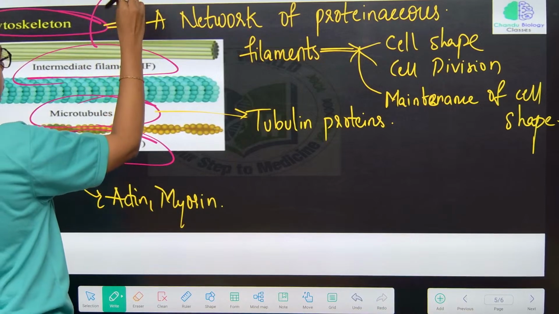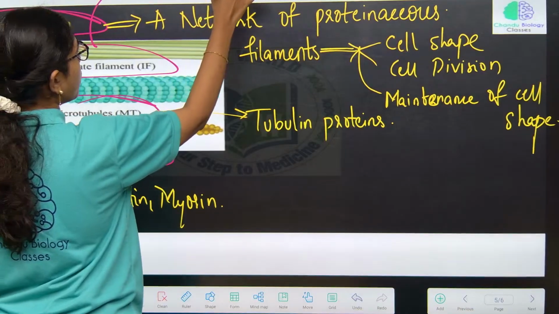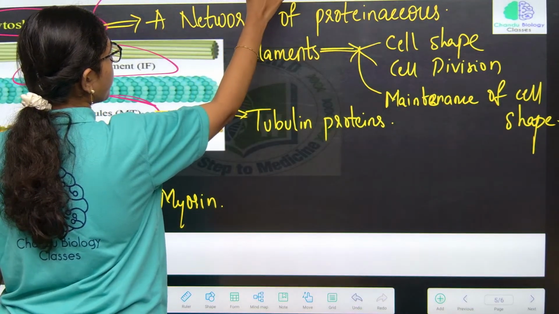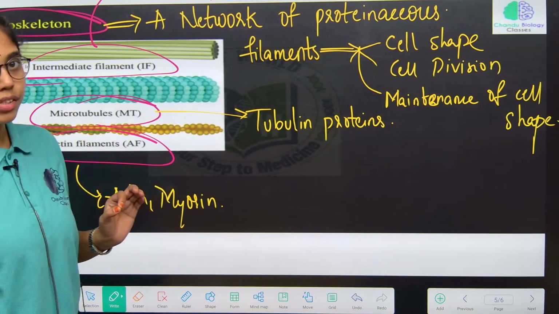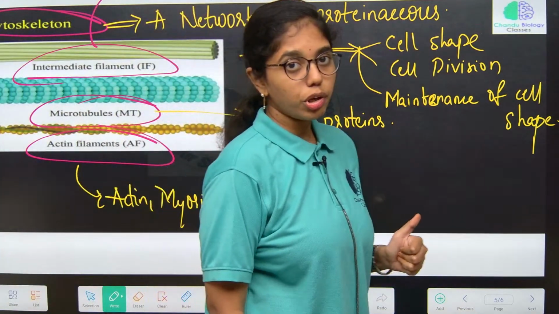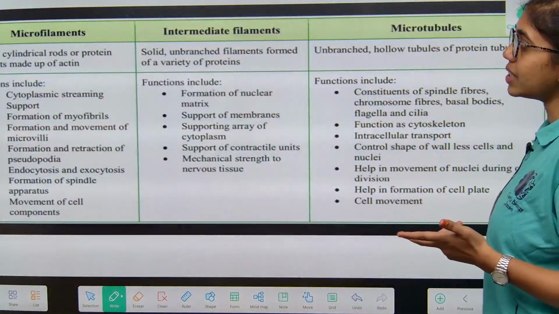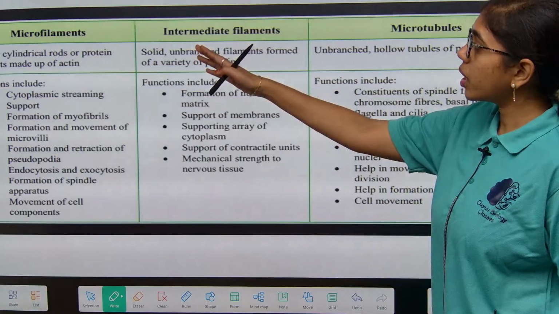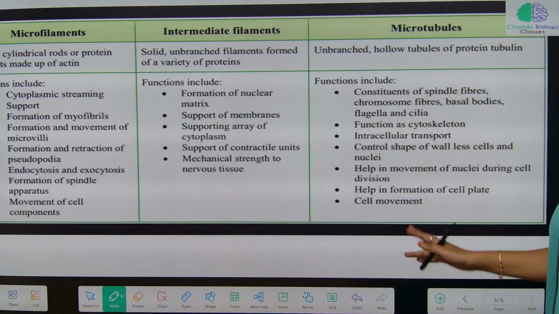Intermediary filaments will be having lamin proteins. Fine, right? Now we will look into the comparative analysis between microtubules, microfilaments, and intermediary filaments.